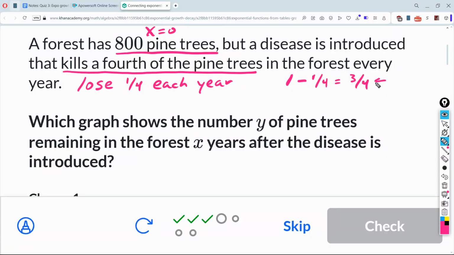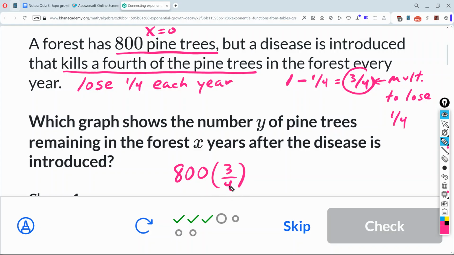And what you do with that 3/4, you multiply by 3/4 in order for it to lose 1/4. So basically, you take your 800 and you multiply it by 3/4 in order to make it lose 1/4. So I'm going to do 800 times 3/4.